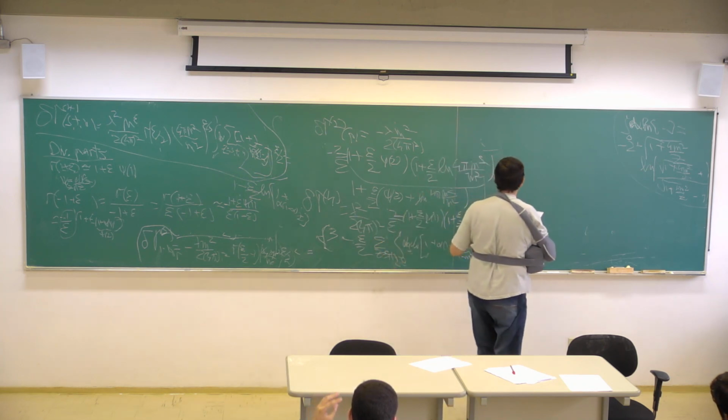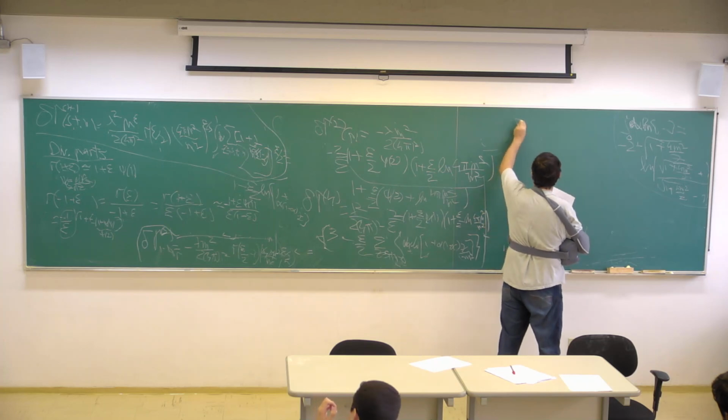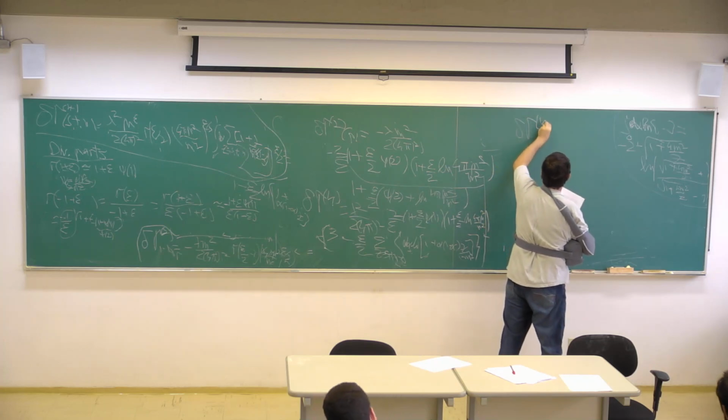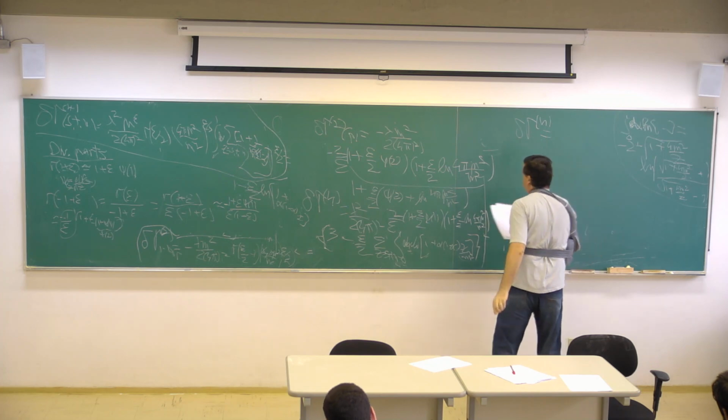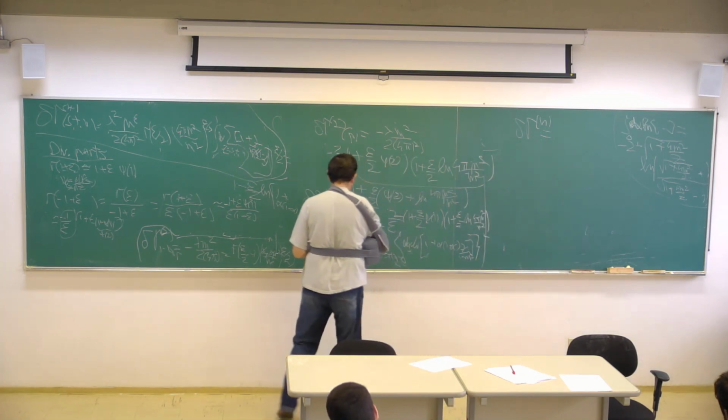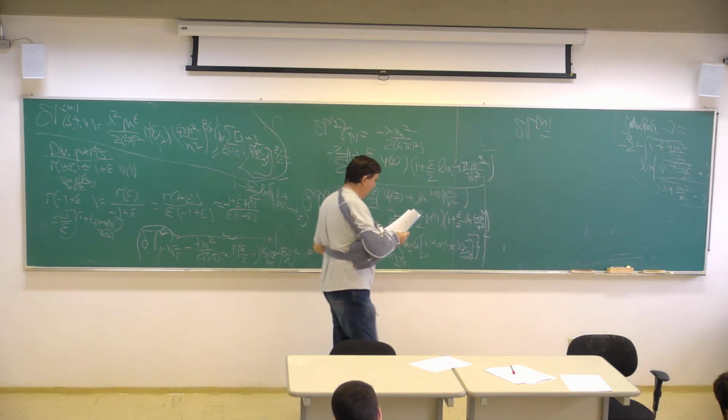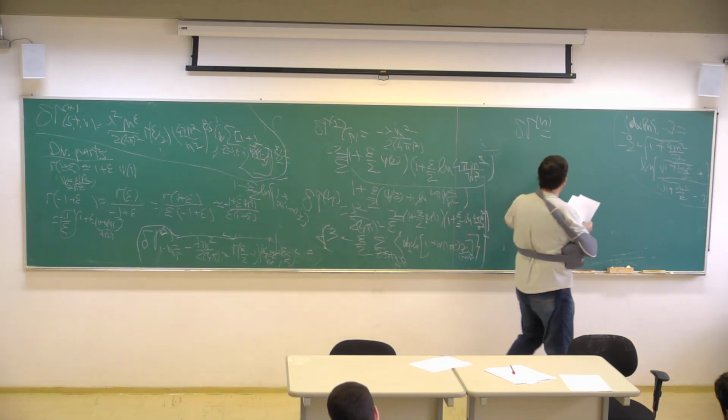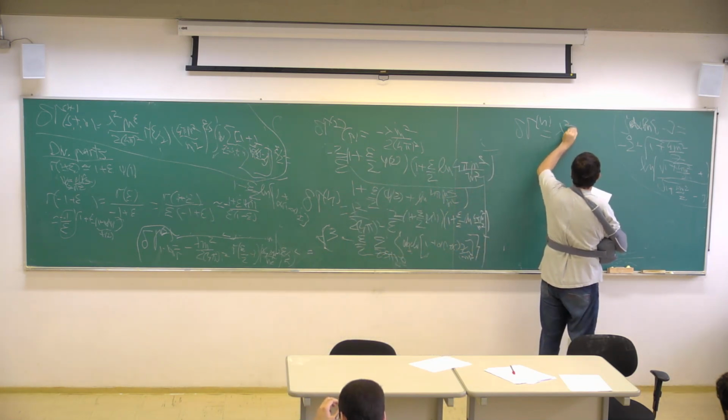Good. But let me finally write the divergent part. So this was lambda squared over 4 pi squared.